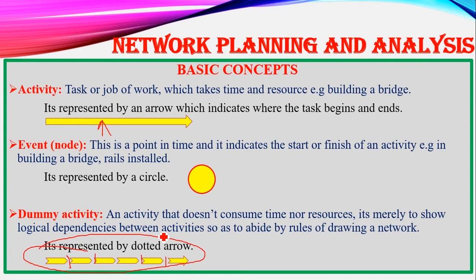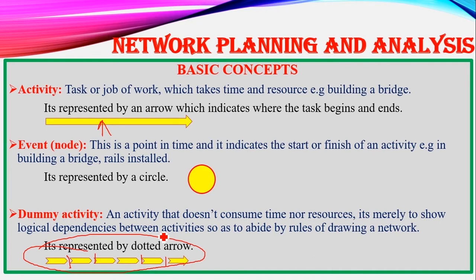A dummy activity is normally used to show or to complete a network. At times you may have several activities that are related and you want to join them together to ensure that you follow the rules of drawing a network diagram.